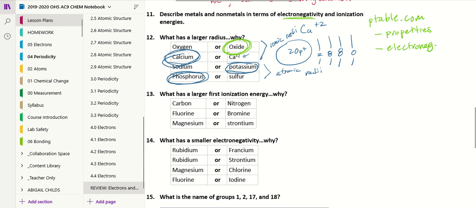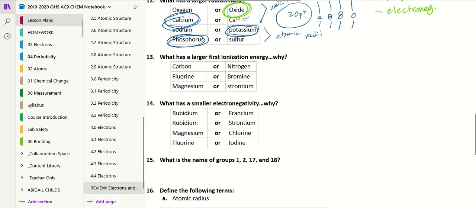Which has the larger first ionization energy, carbon or nitrogen? Nitrogen. Why? Same period, more ENC. Larger first ionization energy between fluorine and bromine.